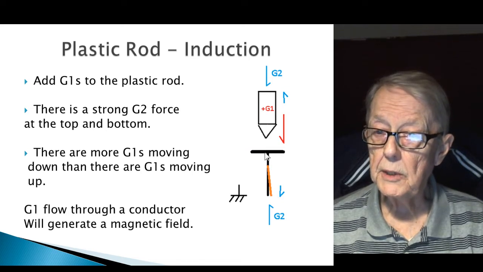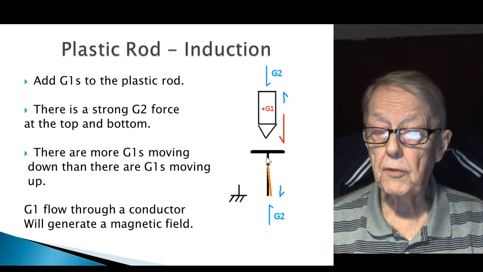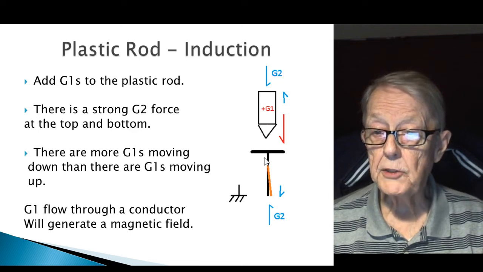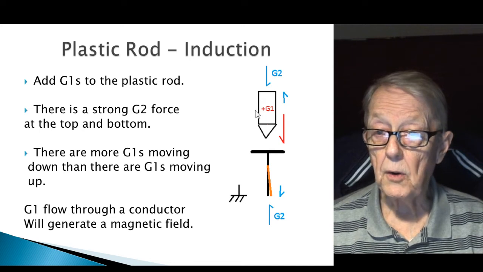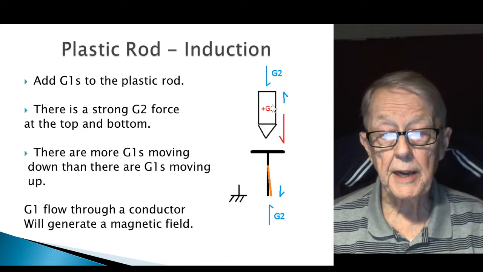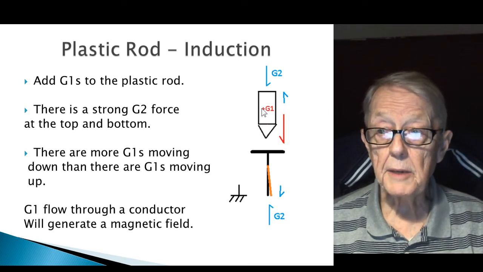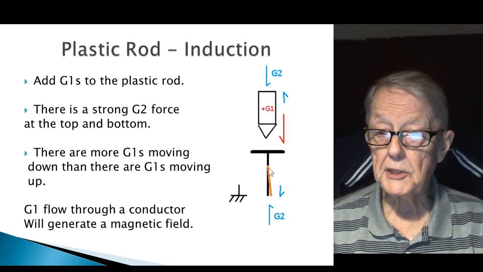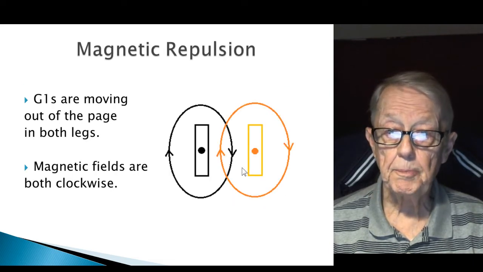When the G1s flow through a conductor, they move through the conductor in a spiral fashion, setting up a magnetic field. No magnetic field, or maybe small. Now, again, nothing is absolute. There could be a small magnetic field here, but there's distinctly a better, stronger magnetic field in the electroscope.